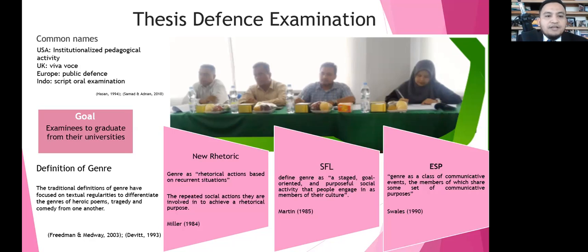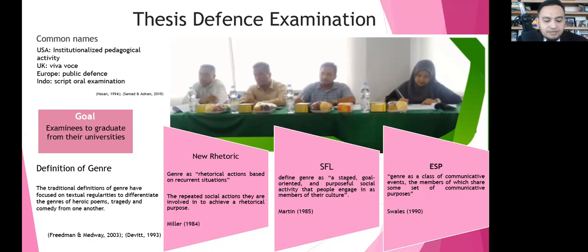Genre has been defined in different ways by many researchers over the years. The traditional definition of genre has focused on textual regularities to differentiate the genres of heroic poems, tragedy, and comedy from one another.